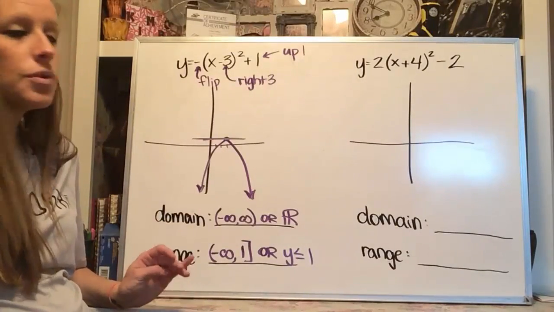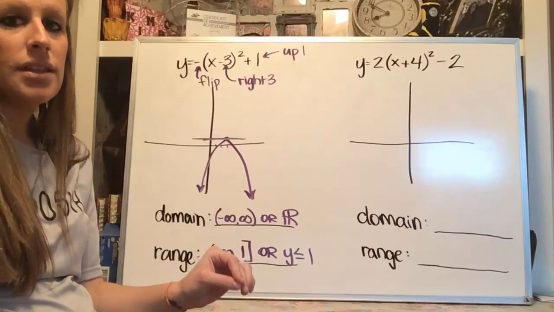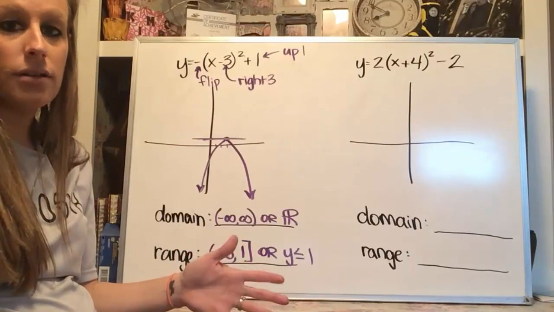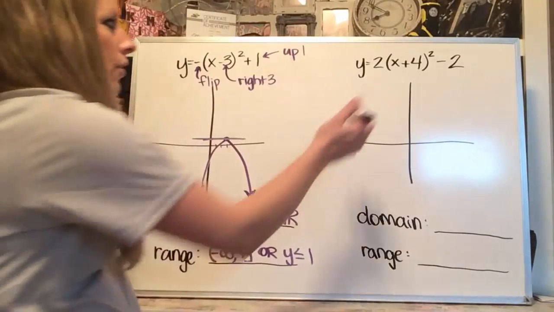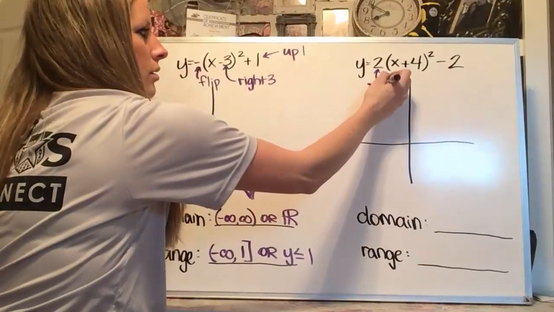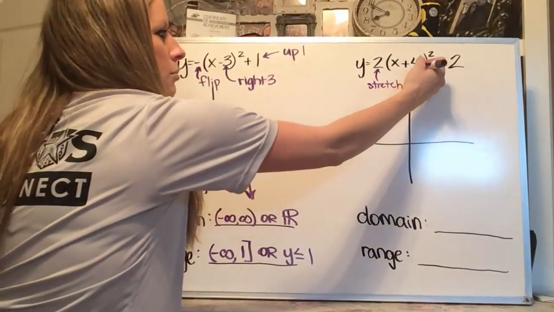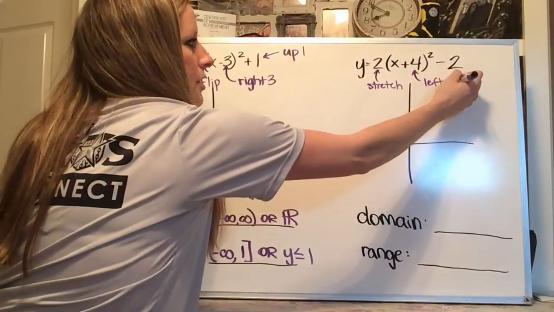Okay, the next example, I'm going to go through each part of that equation that's different from x squared, my parent function, and say what it's going to make it do. So the 2 is going to stretch it. The plus 4 is going to move it left. Remember, it does the opposite.